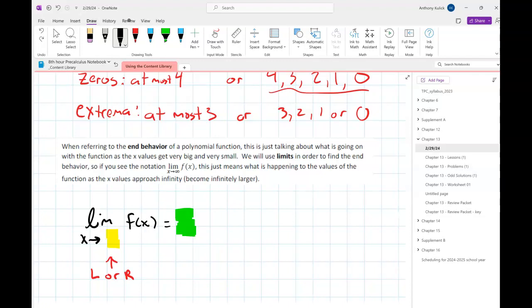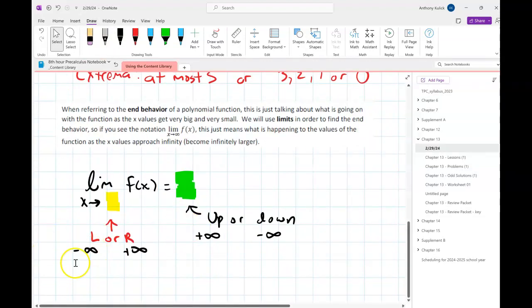Actually, let's write it that way. And a positive infinity for right. The green is going to be whether it's up or down. Positive infinity for up, negative infinity for down. Everybody's okay?